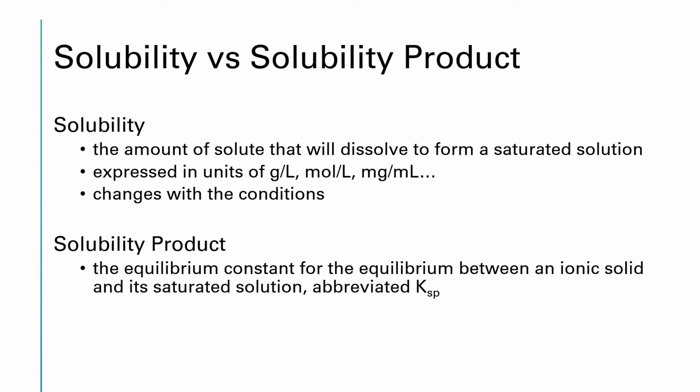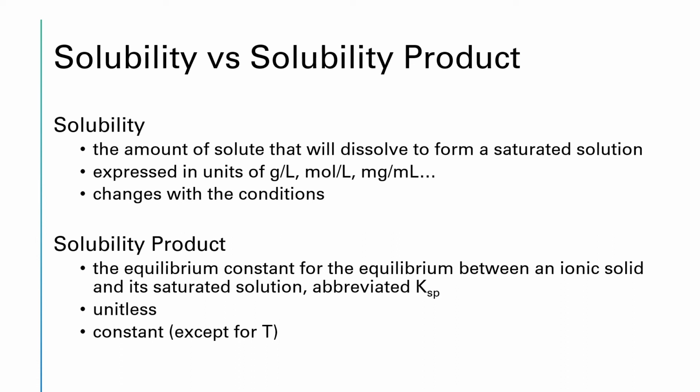It's the equilibrium constant for the equilibrium established between an ionic solid and its saturated solution. And we're going to put that subscript SP on this equilibrium constant to distinguish it from other types of reactions. Being an equilibrium constant, it's unitless. And KSP will be a constant except for temperature.